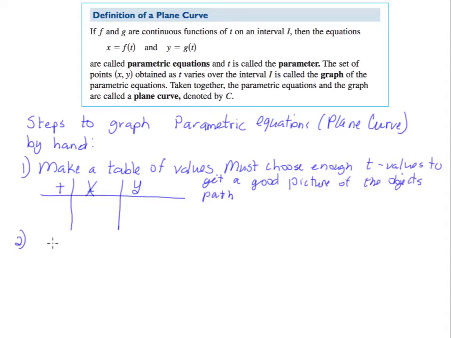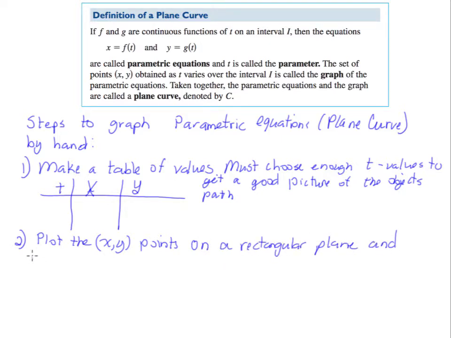After you complete the table, you plot those points from the table, plotting each x and y value on your graph in order of time. Then connect the dots with a smooth curve to make our plane curve.